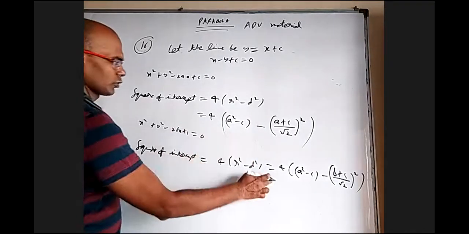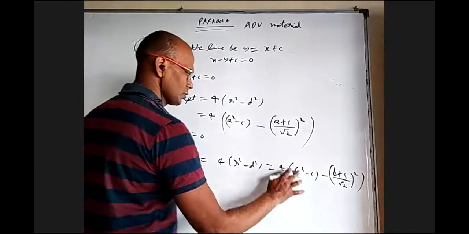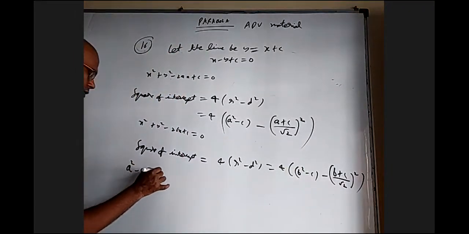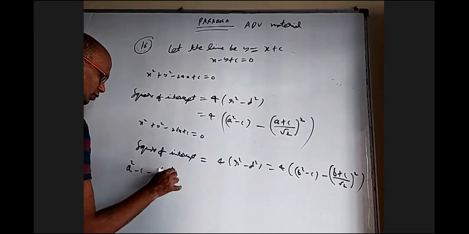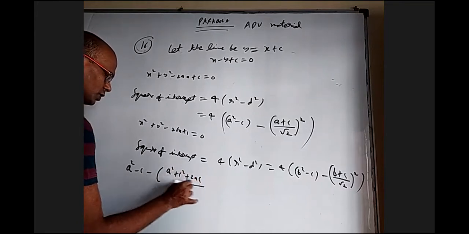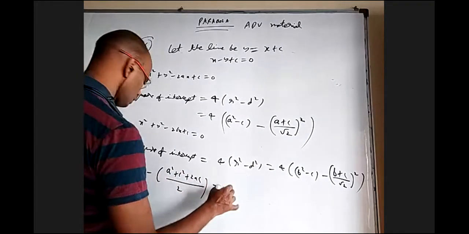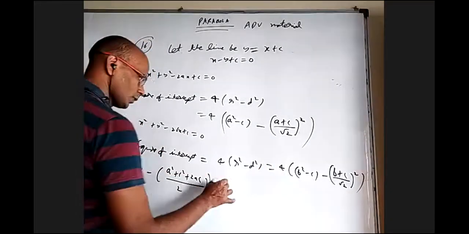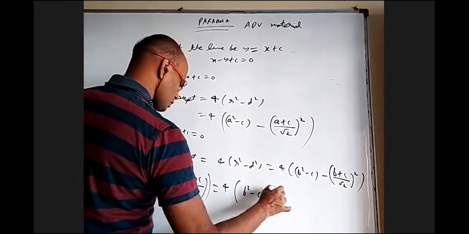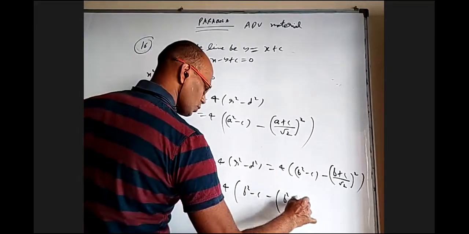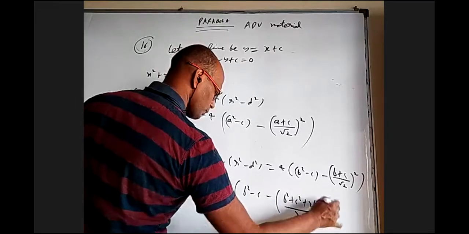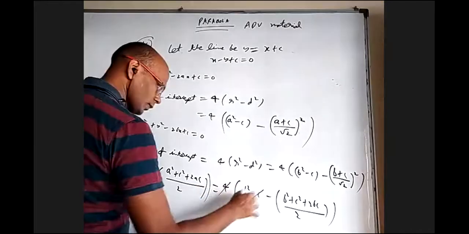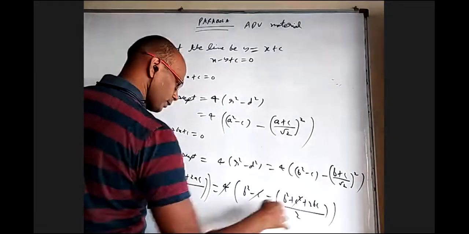So when I equate, 4 will cancel. This is a square minus c into, a square plus c square plus 2ac by 2, equal to 4 times b square minus c minus, b square plus c square plus 2bc by 2. I can cancel 4, cancel c square.